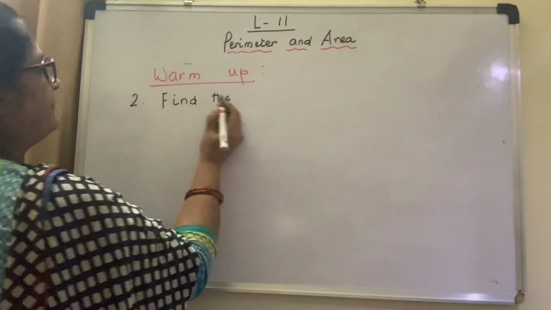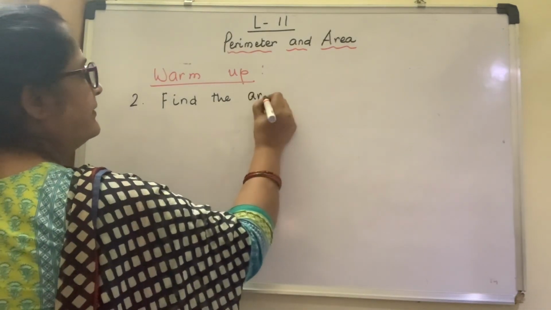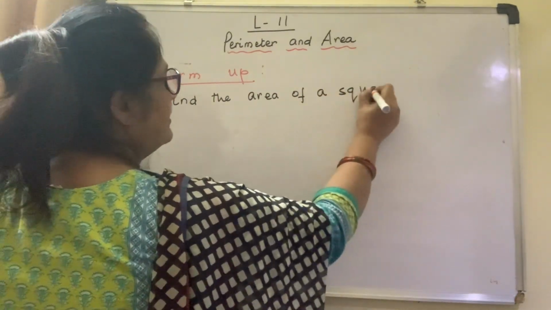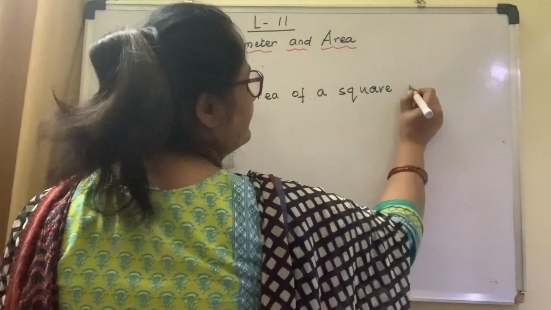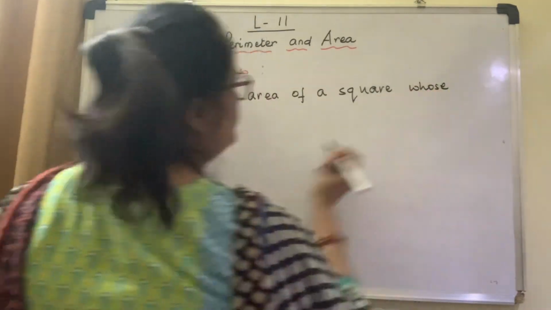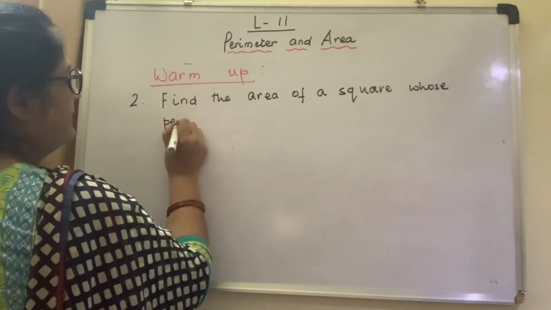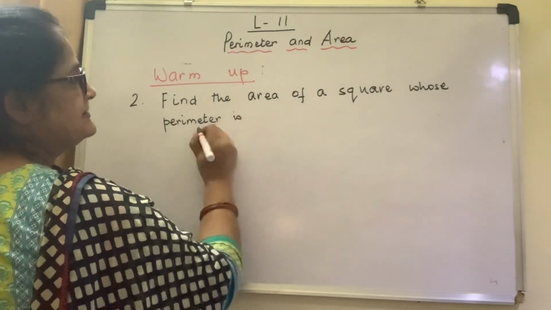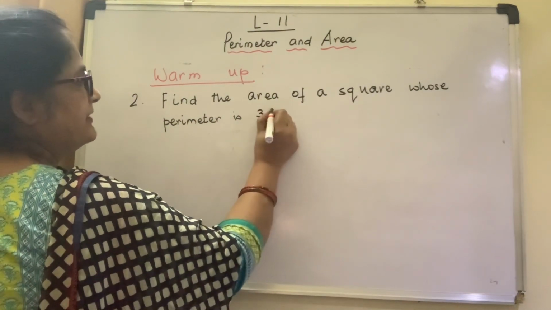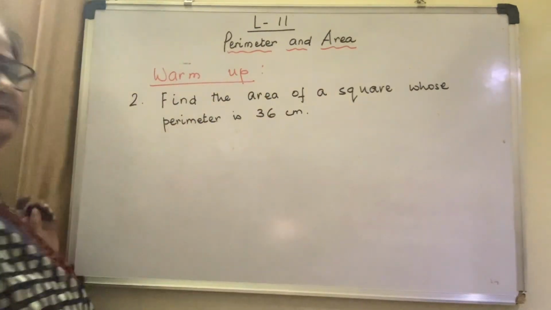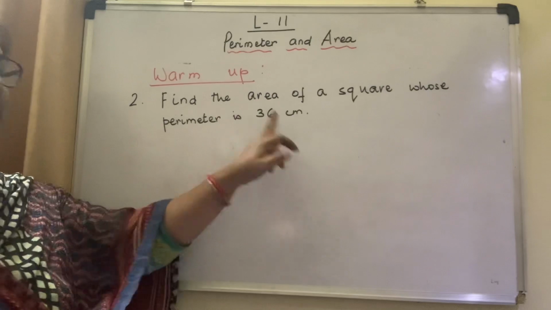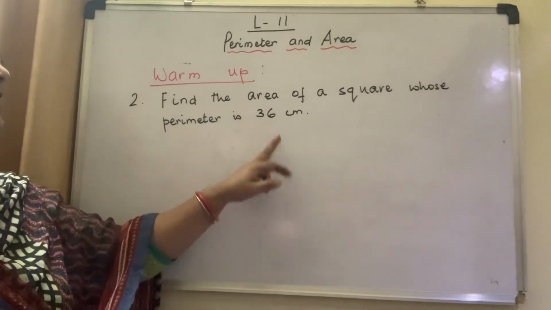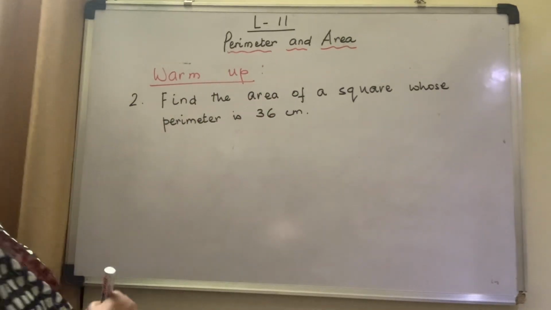Find the area of a square whose perimeter is 36 centimeter. What is given here? Perimeter is given, 36. You have to find the area. From the perimeter, find the side. After you find the side, you will get the area.